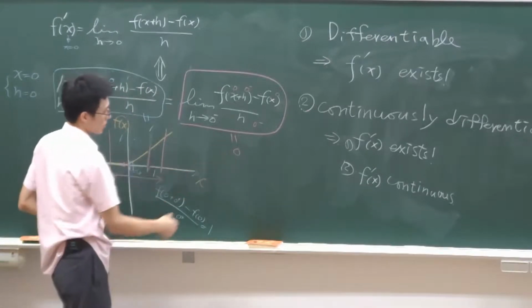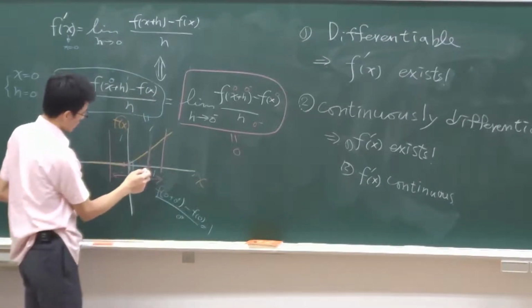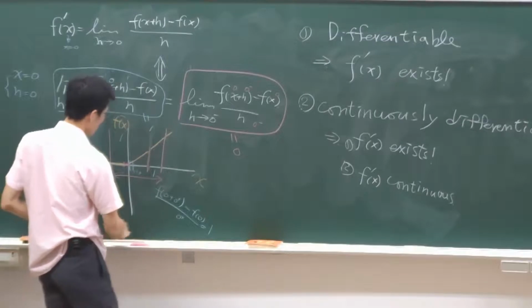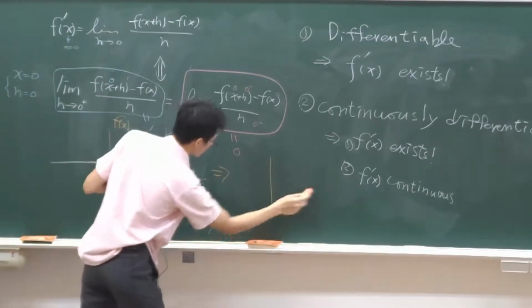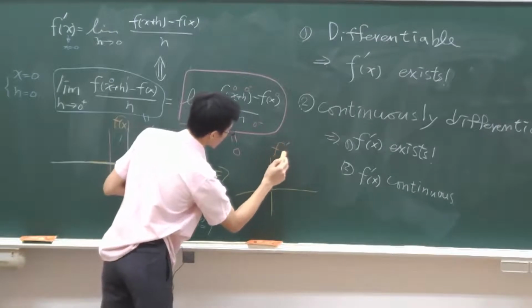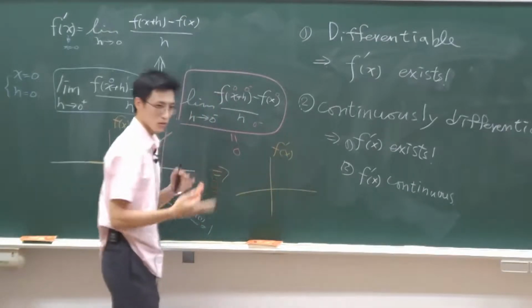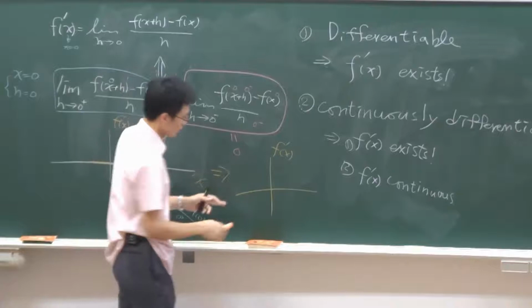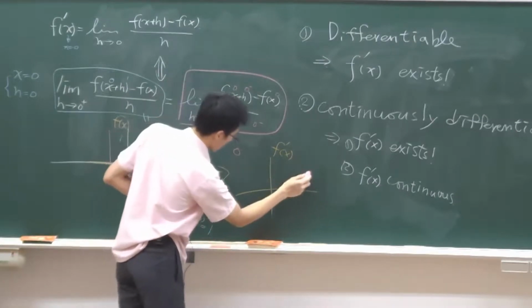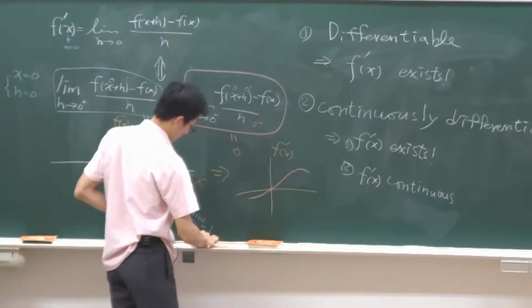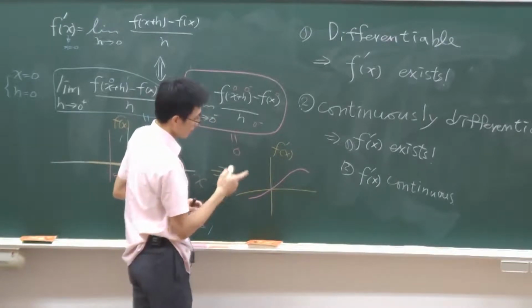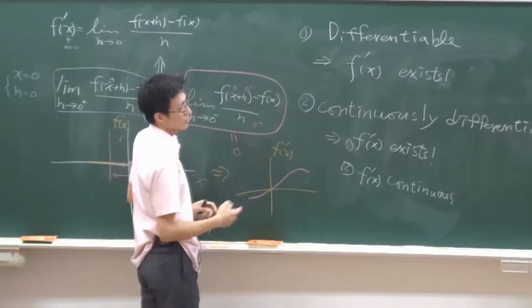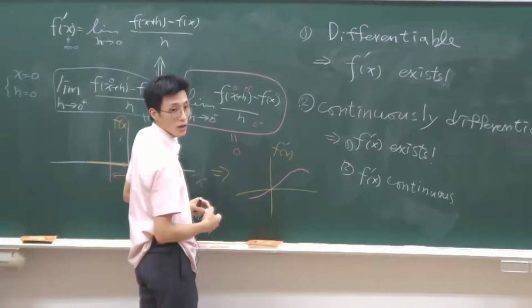And the second example, given this f, you can take the time derivative of this f and plot out the function, evaluate if it's continuous. Okay. If that happens, it's continually differentiable.